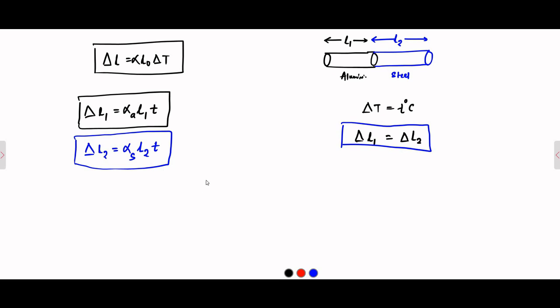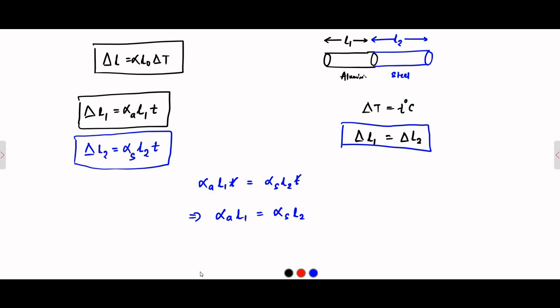That implies alpha A L1 T is equal to alpha S L2 T. T gets cancelled, so that implies alpha A L1 is equal to alpha S L2.